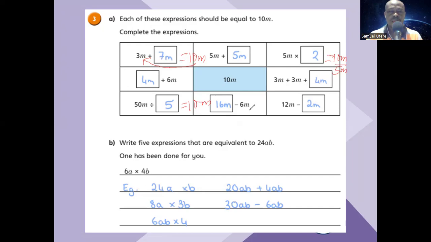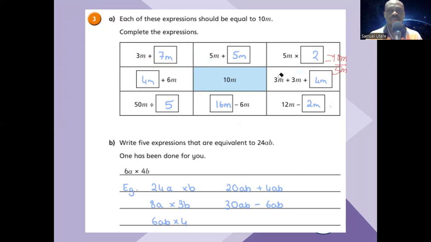Here we could do 10m add 6m to find out what should be there. And here, if we're looking for what to take away, then we could do 12m minus 10m, to find out what needs to be there.